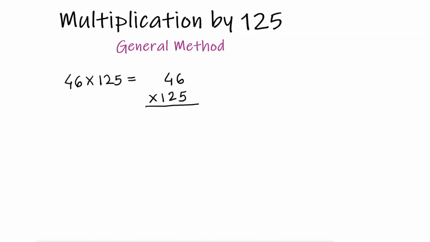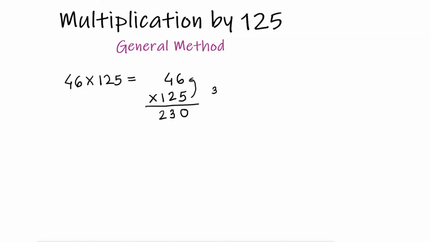First we will multiply 5 by 46. 5 6s are 30. I am writing 0 here and 3 carry. Then 5 4s are 20, 20 plus 3, 23. So this is the first step of multiplying 5 by 46.